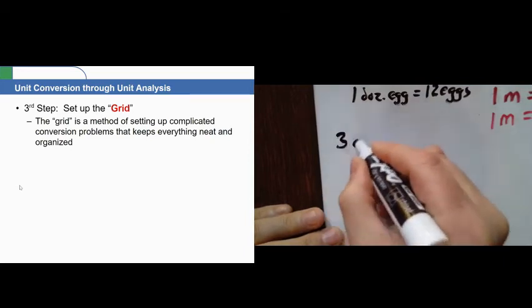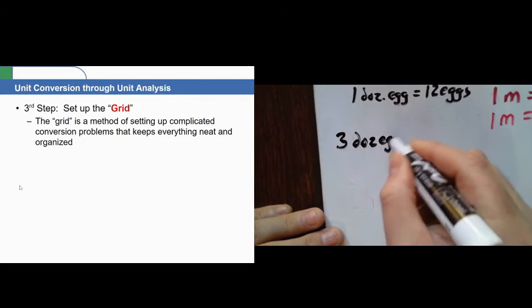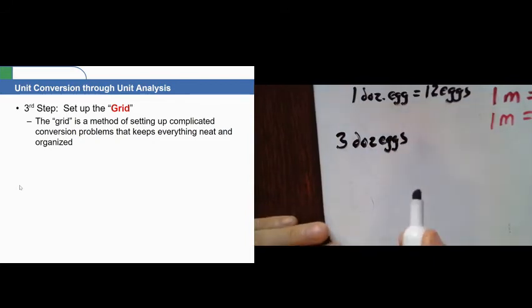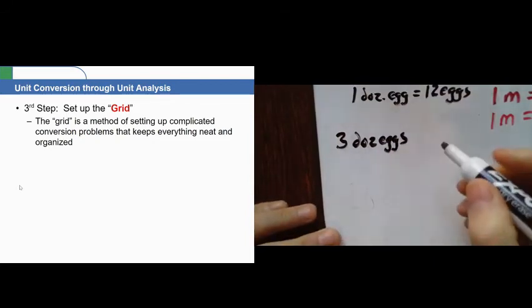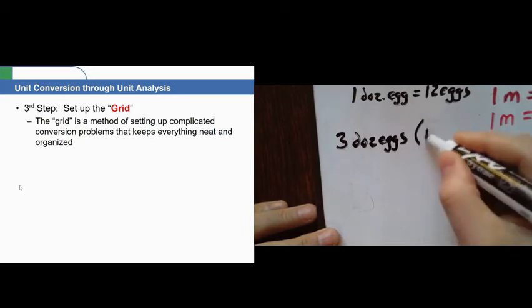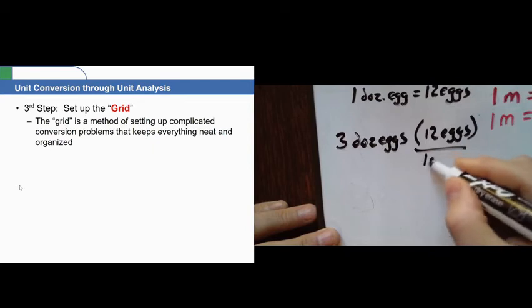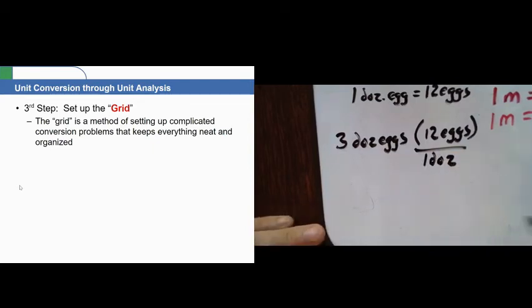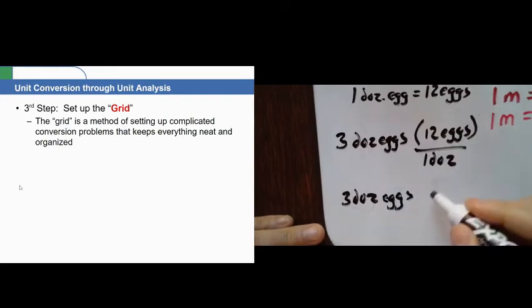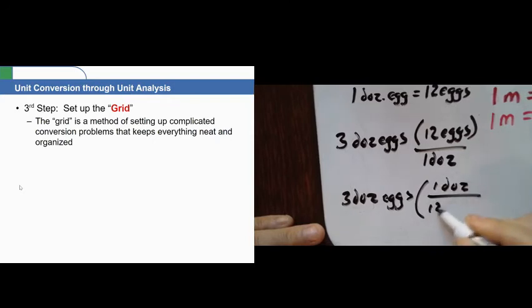If you set it up where you have 3 dozen eggs, you could set it up as either where you multiply and have 12 eggs for every 1 dozen, or you could have 3 dozen eggs and multiply it where you have 1 dozen over 12 eggs.